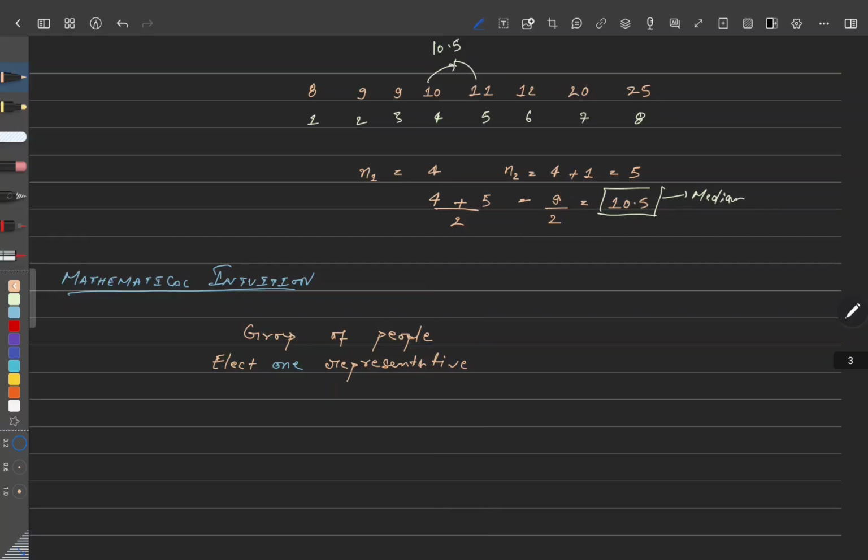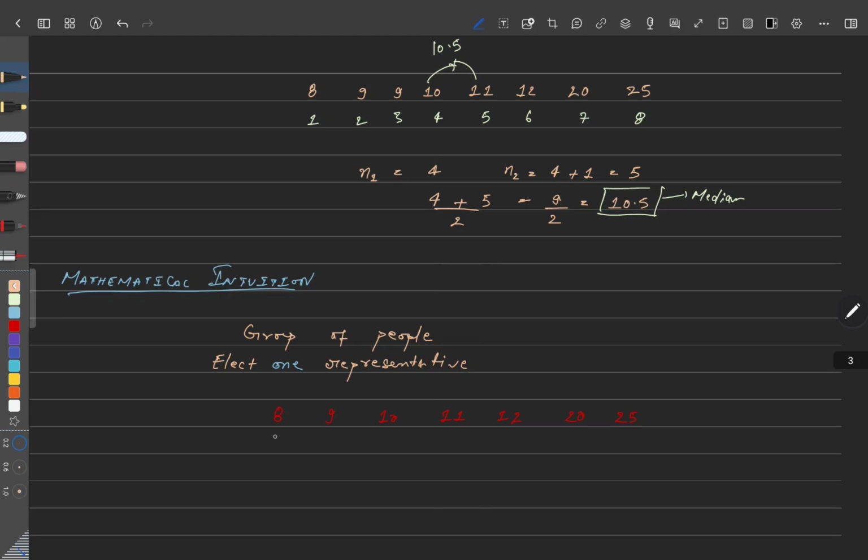For example, in our case, let's represent each of those persons with a number, and the numbers are these: 8, 9, 10, 11, 12, 20, 25. The numbers are also representing ideology or values, or the magnitude of their ideology or values, right?